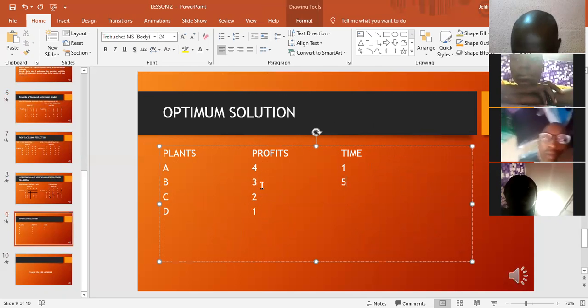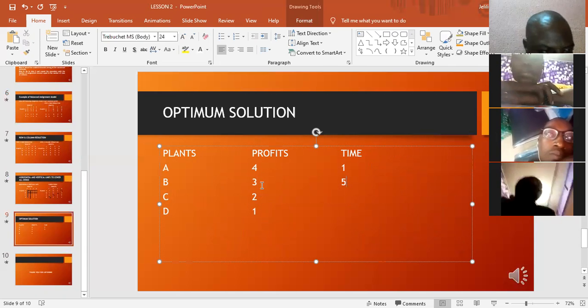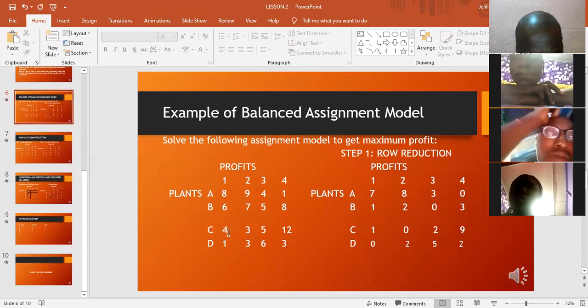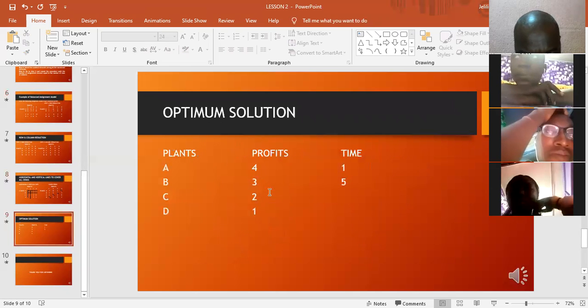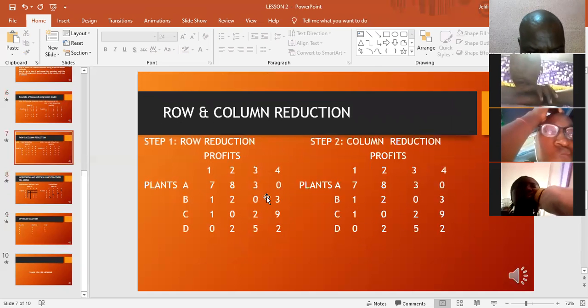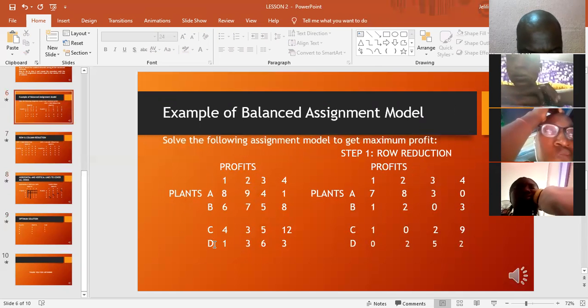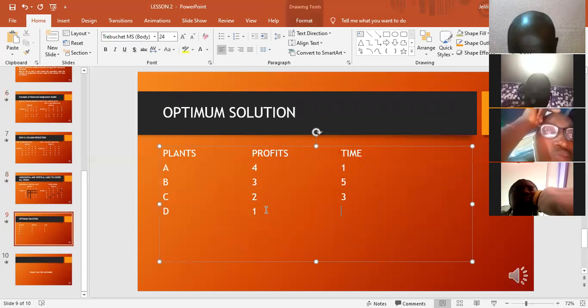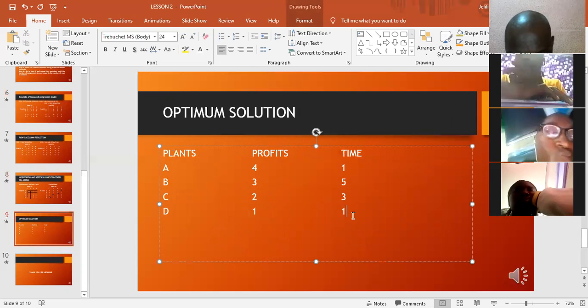5. Yes. Then let's look at plant C under profit 2. We cover plant C under profit what? 2. What do you have under 2? It is 3. So let's put 3. And the last one now. We have plant D under profit 1. And what do you have under 1? We have 1. So let's look at the summation.